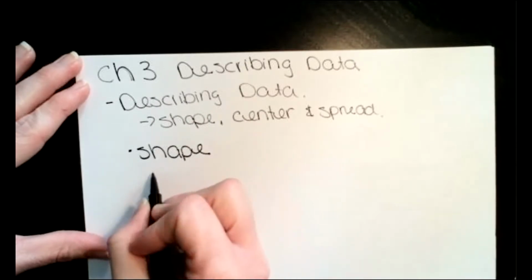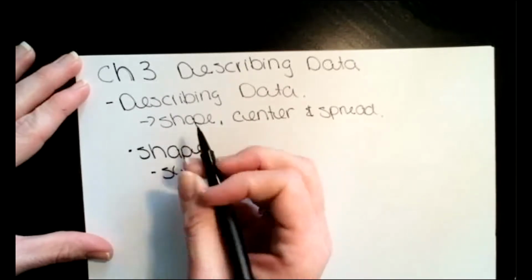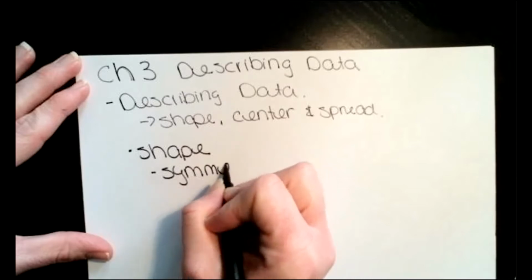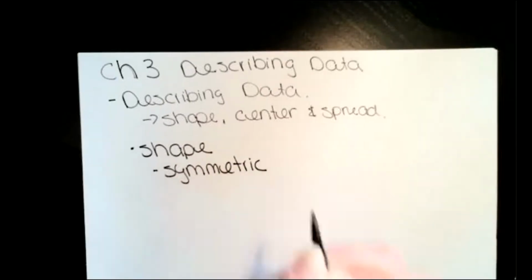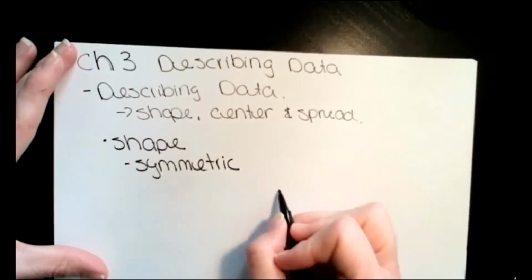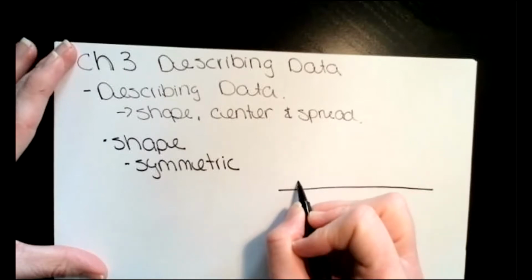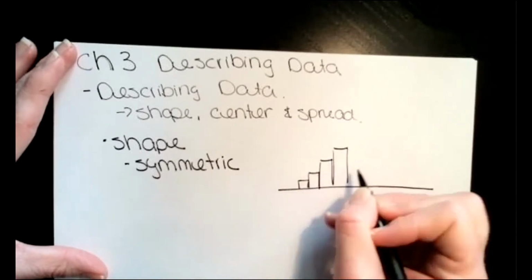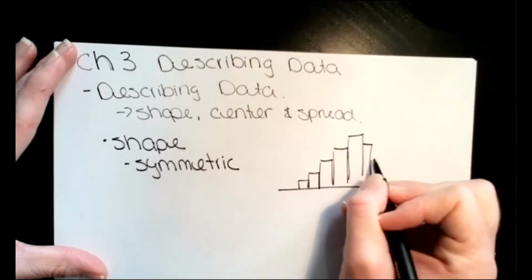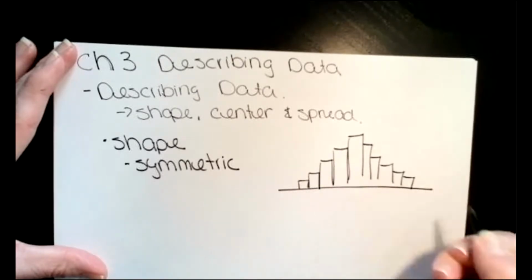So we have, of course, the symmetric shape. We work with this a lot. We worked with this a lot in step 1, right? We always want everything bell-shaped, normal shape, symmetric shape. So if we're looking at a histogram, I'll try to draw it kind of quick. We're looking at something like this, right?